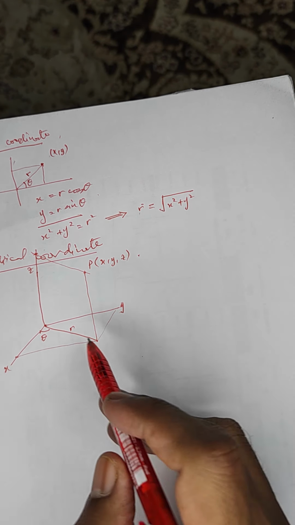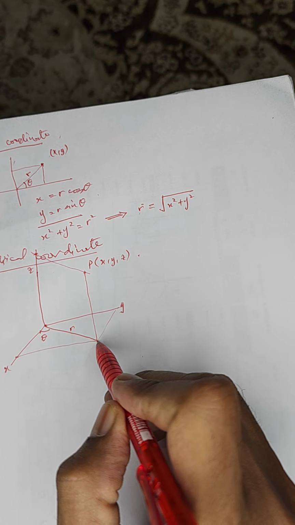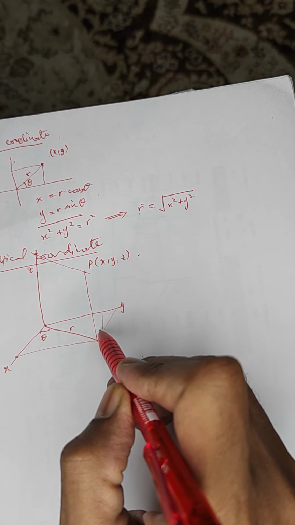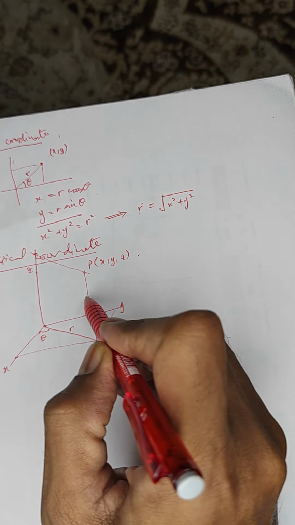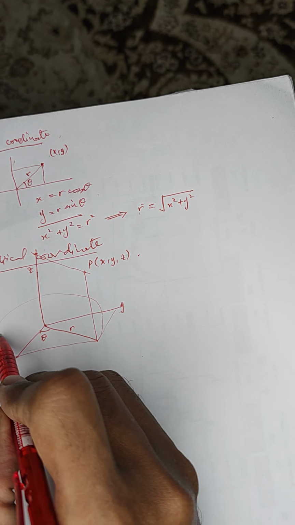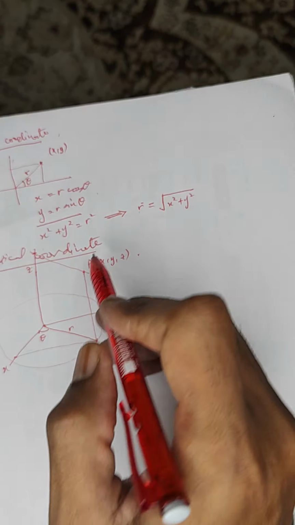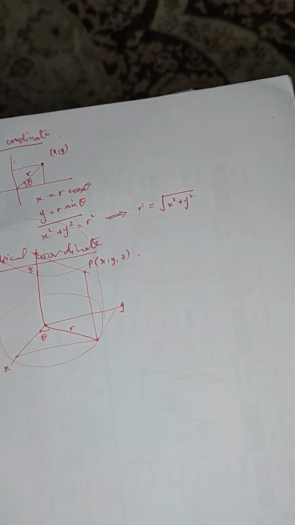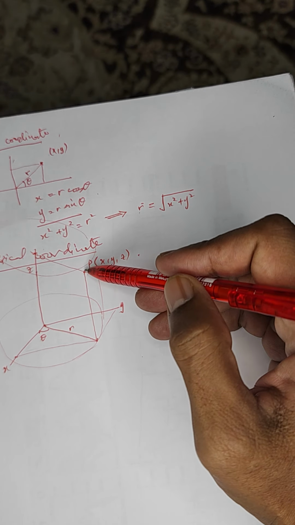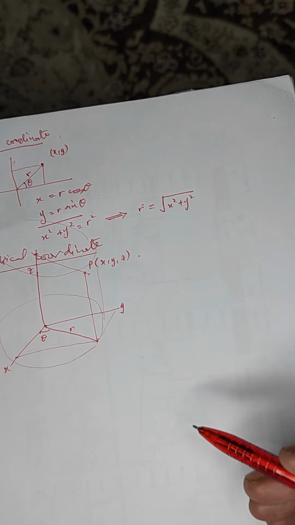what is a cylindrical coordinate? Basically we have this cylinder, that's the cylinder that we have, with height z. So this is its height z.